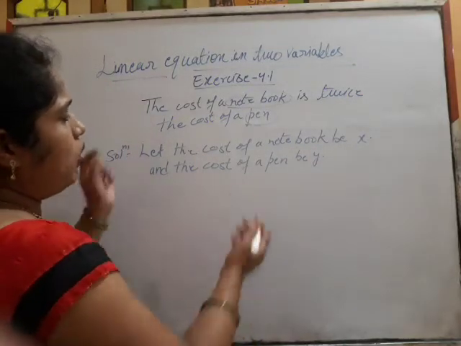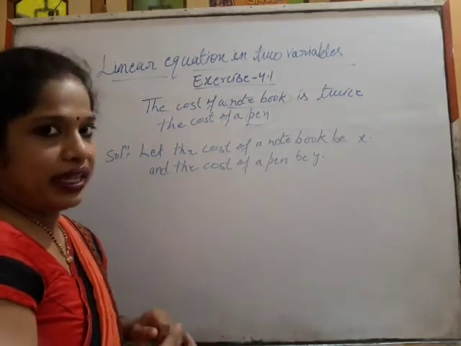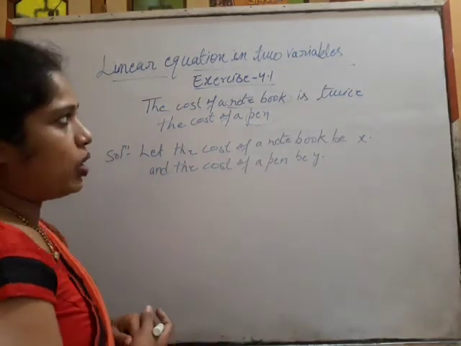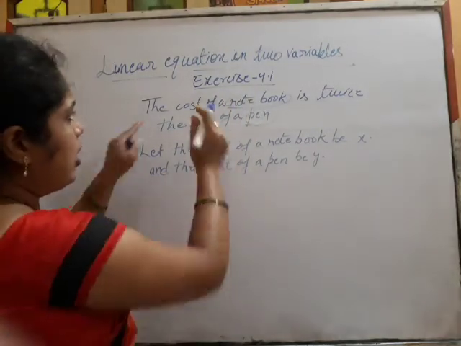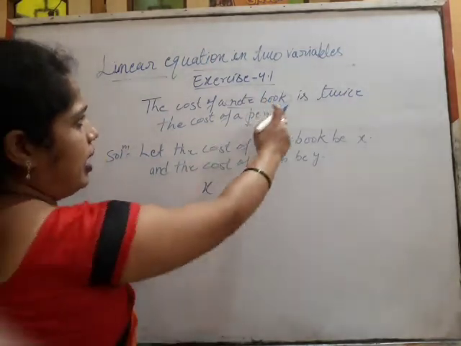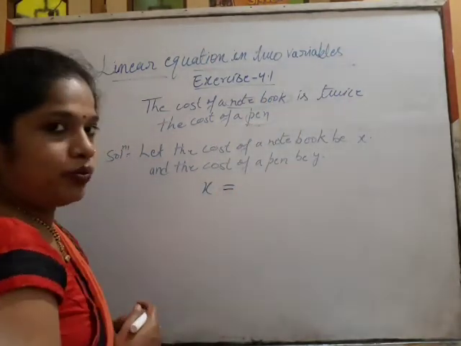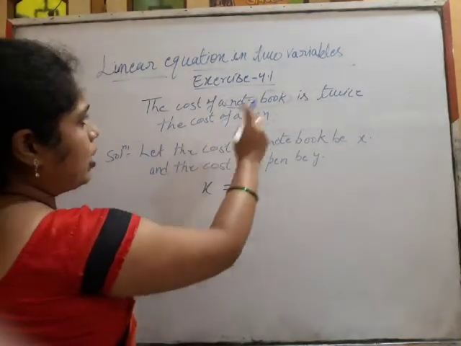Now the cost of a pen and the cost of a notebook have a relation. The relation given in the question we have to write down here. The cost of a notebook is x, that is equal to twice, that means 2 times, the cost of a pen.